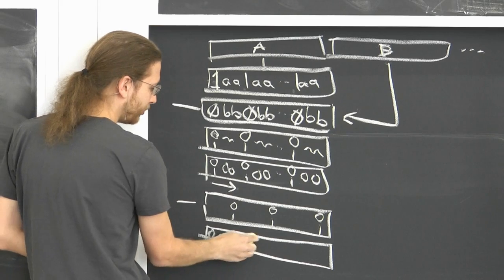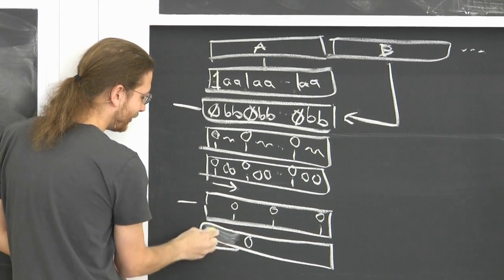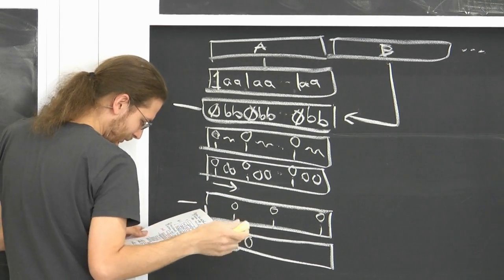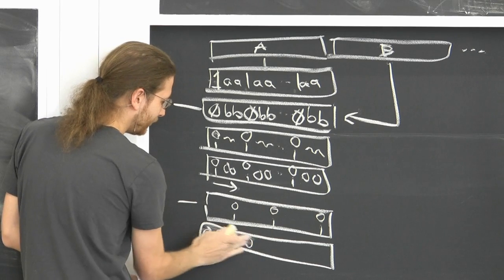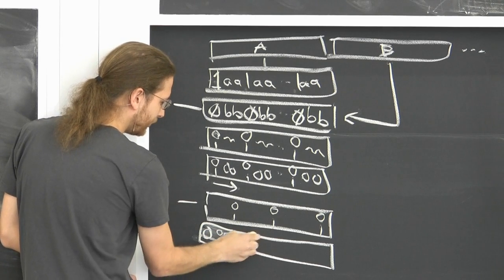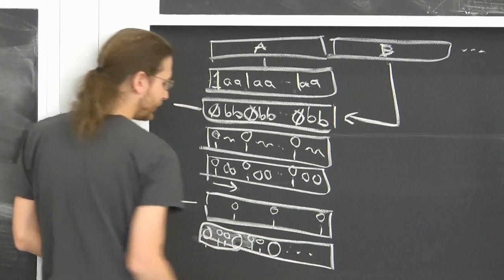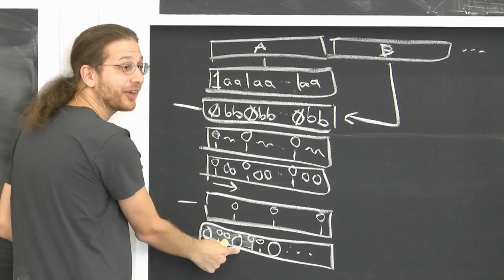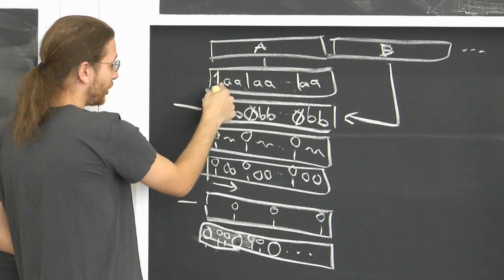In this case, there's just 2 bits. Except it's not 1, 1. It's either 0, 0 or 1, 1. And then we have here 0, and then 0, 0 or 1, 1. Okay, and so on. So now these are masks. The zeros correspond to when the a's were smaller.